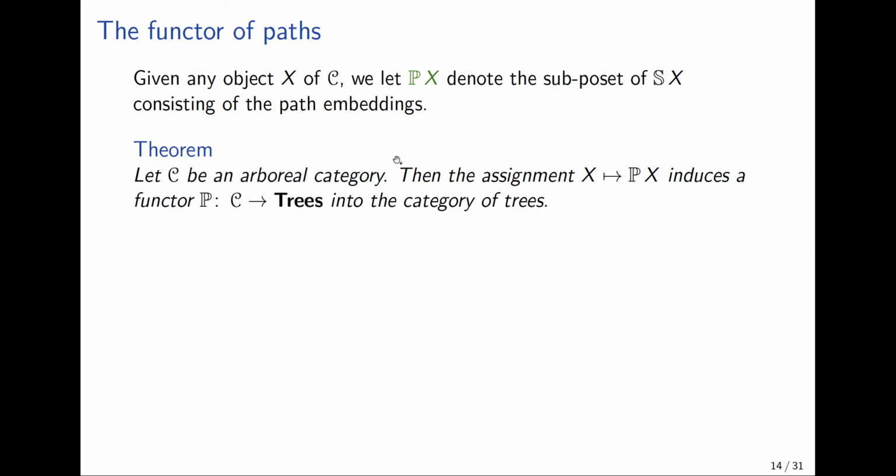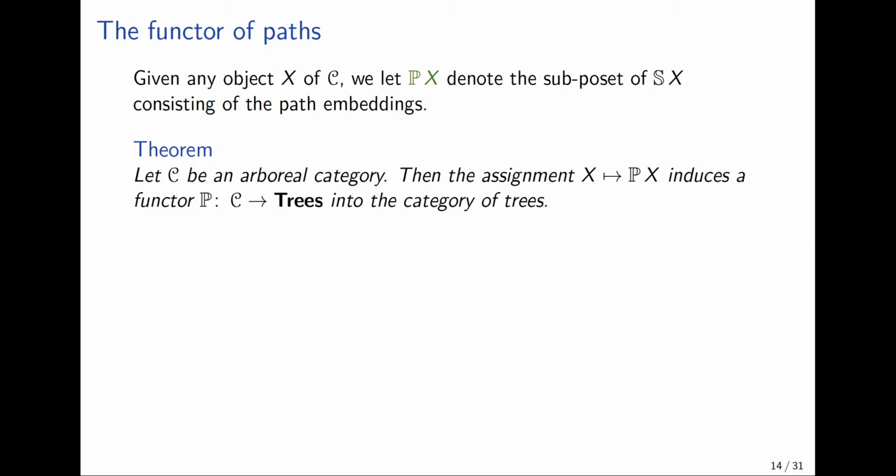The interesting part is that every morphism in the arboreal category is actually sent to a forest morphism between the associated trees. By a tree, I simply mean a forest which has at most one root. So you always get this functor from an arboreal category into the category of trees.